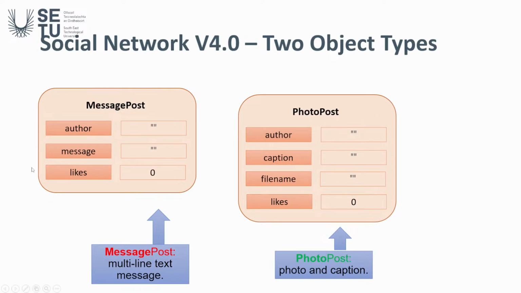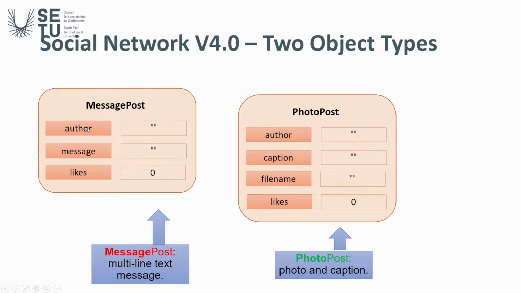So you can see here we have two classes now. One called message, and it has an author, a message, and likes. So that's what you've been using up until now. But now we're introducing this photo post, and you can see it too has an author, it has a caption, it has a file name, this is where the photo is going to be, and it also has likes.